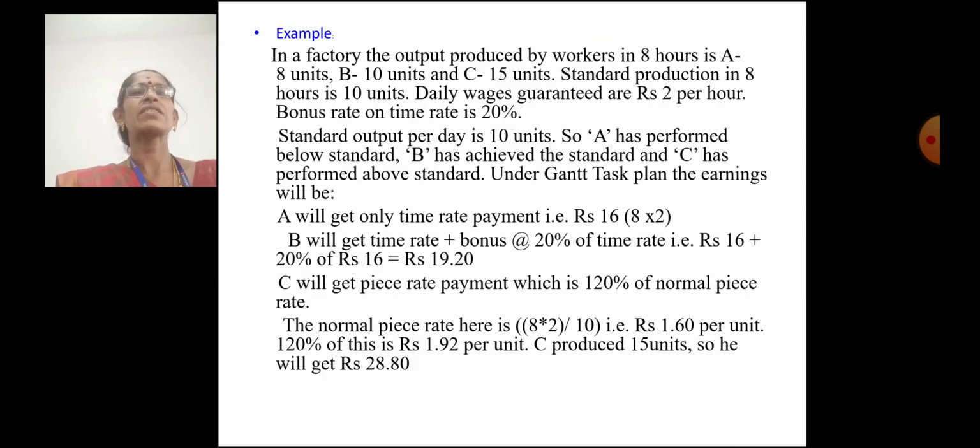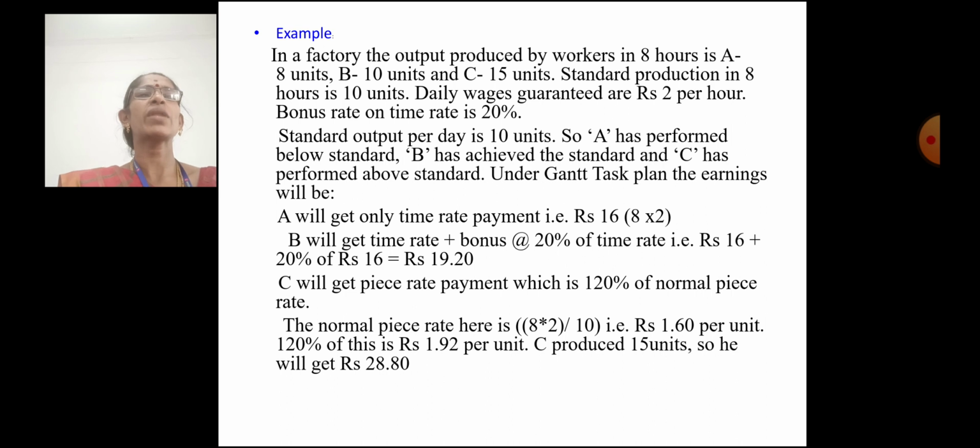Example: in a factory, the output produced by workers in 8 hours: A 8 units, B 10 units and C 15 units. Standard production in 8 hours is 10 units, daily wages ₹2 per hour, bonus rate 20%. A has performed below standard, B has achieved the standard, C has performed above standard.